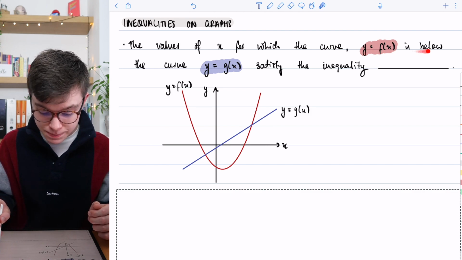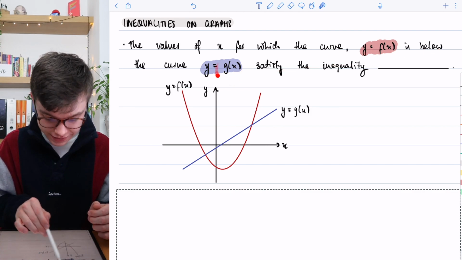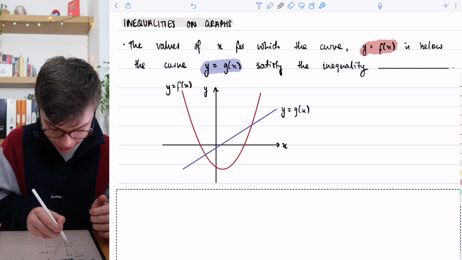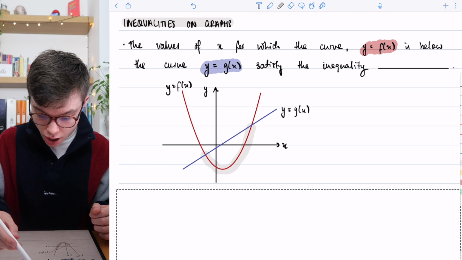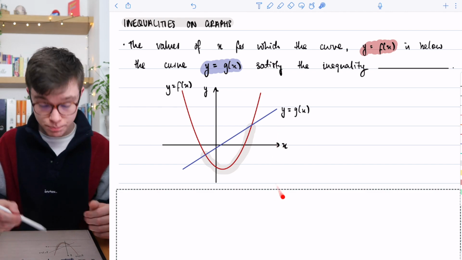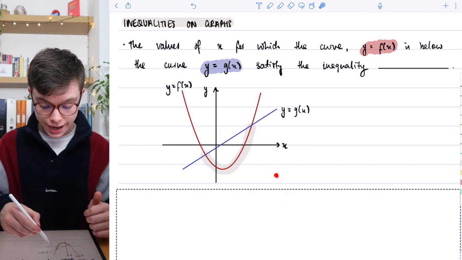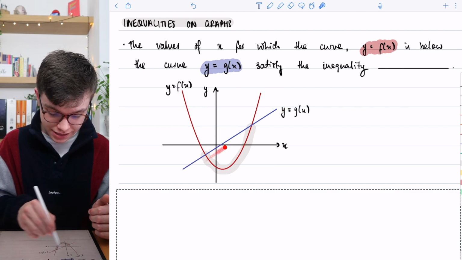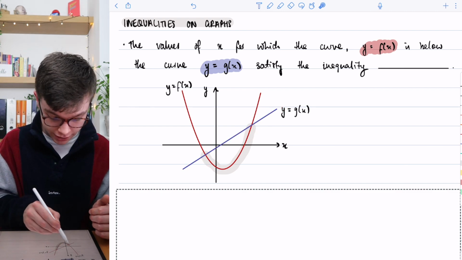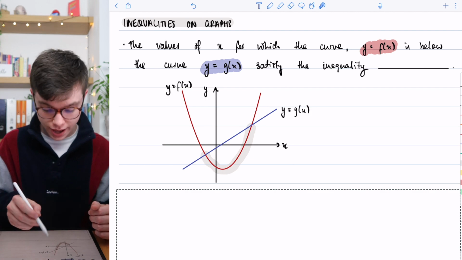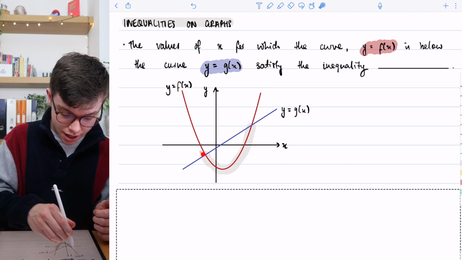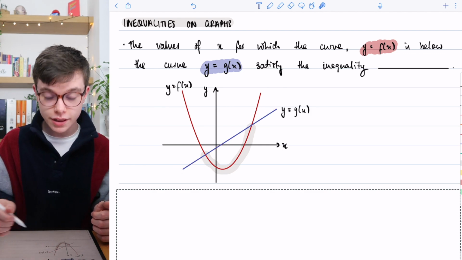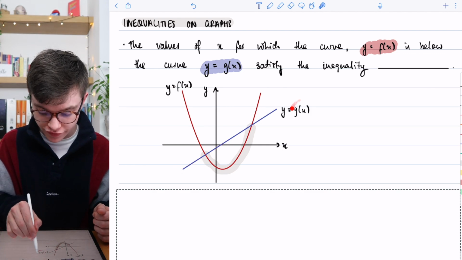Where f of x is below the g of x line is, well, on the graph, it's that part there, okay? Because if we think about this as down the page, it is below this straight line, we can see it's here, okay? Up the page, this red part that's at the top of the page, we can see that is clearly above the blue line, or above g of x.